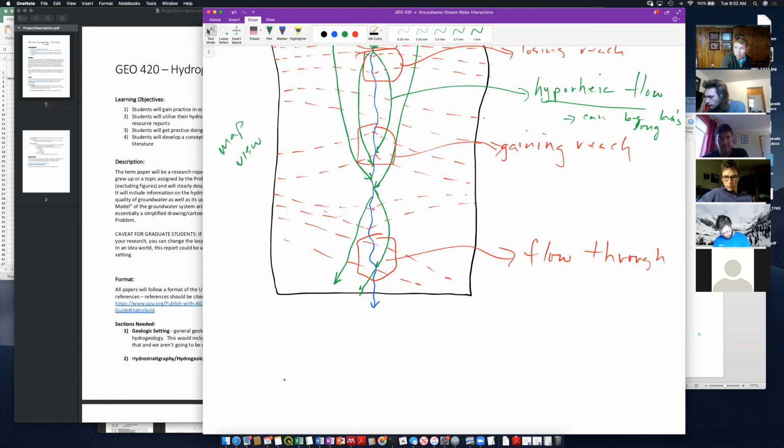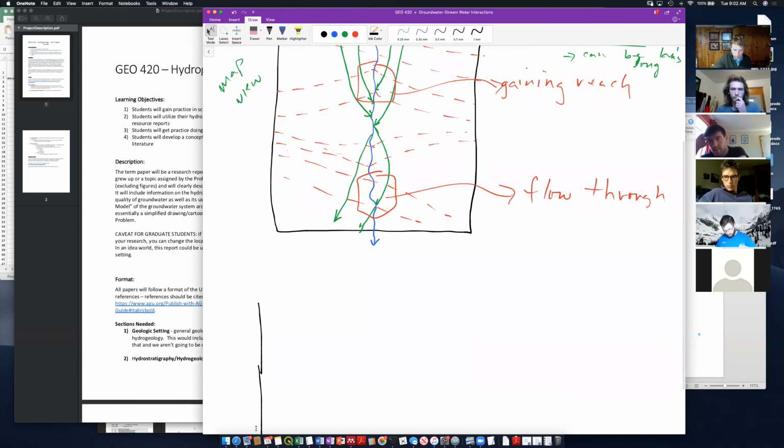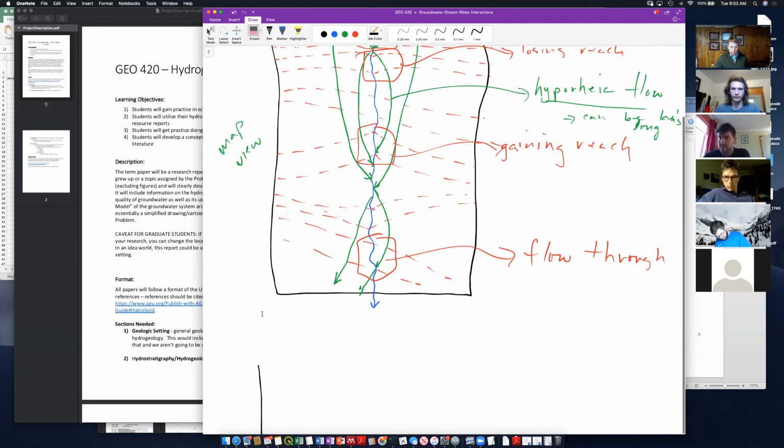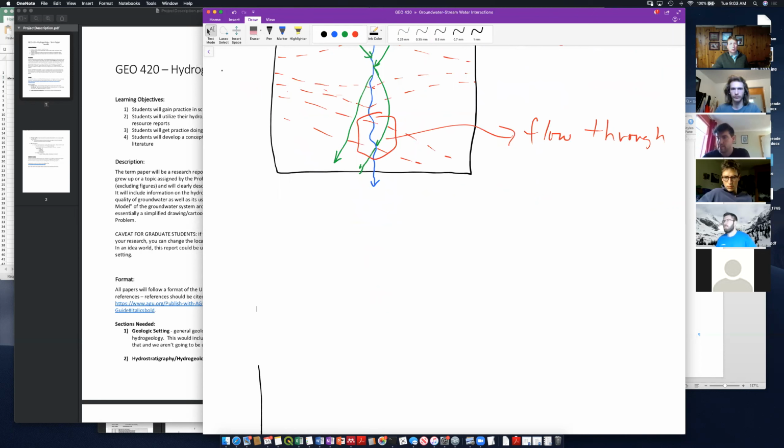Let's draw this river in profile. Okay, so this is going to be the profile of the river.